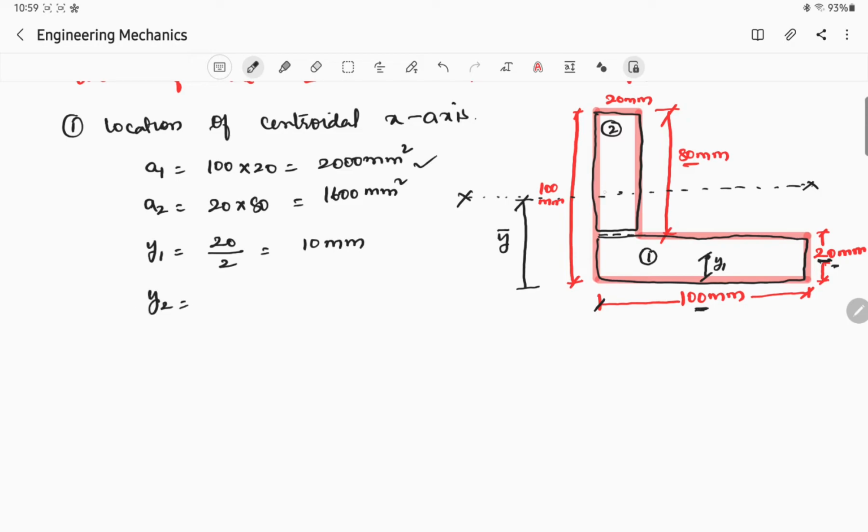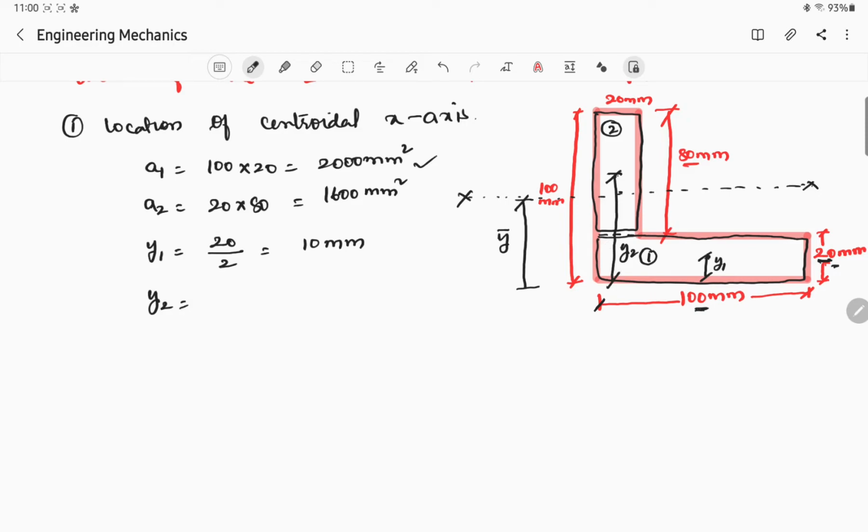Similarly, what about y2? Somewhere here we will be having y2, at this location. So from here to here the distance will be y2. How to calculate y2?